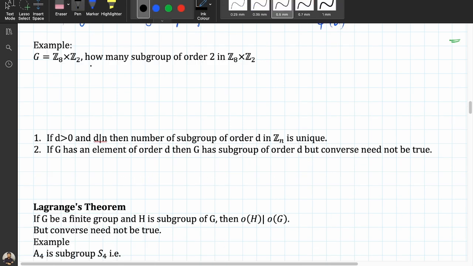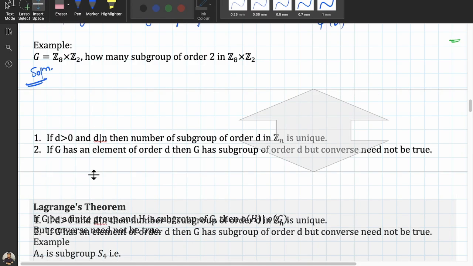What is the solution? First of all, we know that any subgroup of order 2 is cyclic, so a subgroup of order 2 in this is also cyclic. Whether the group itself is cyclic or not, we'll discuss later.